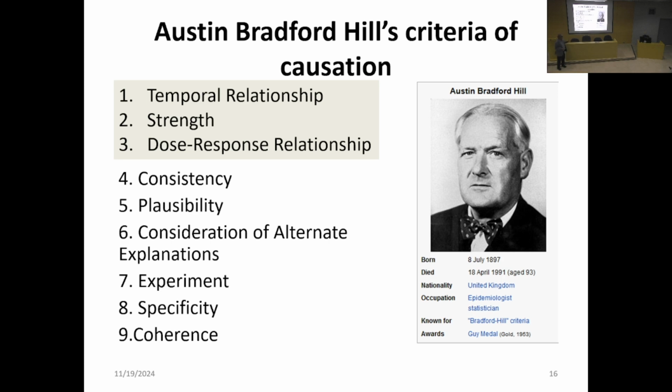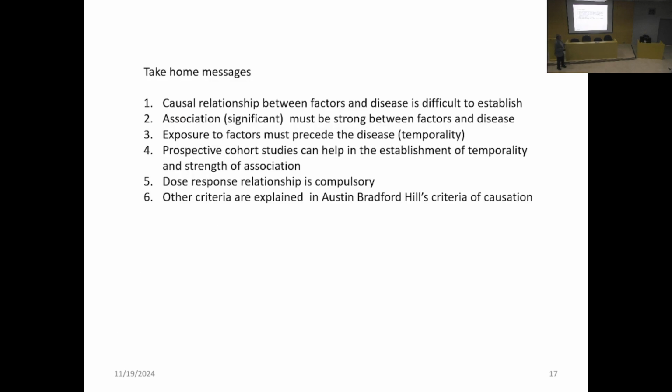You have to know them, but these are the 3 most important. That's all from me, and your take-home messages are: a causal relationship between factors and disease is not easy to establish. It requires, in addition to the strength of the association, other criteria, particularly temporality and dose response effect, and others.